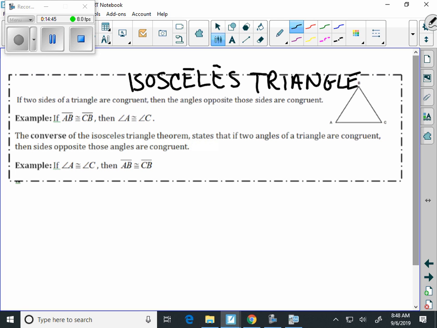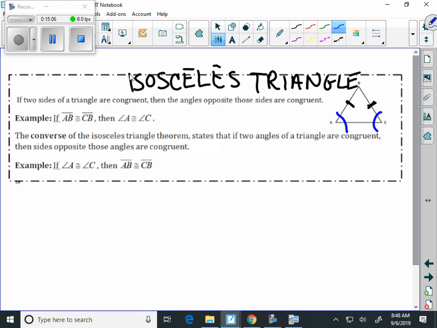So when we take a look here, it says if segment AB is congruent to segment CB, then what happens is that angle A is also congruent to angle C.